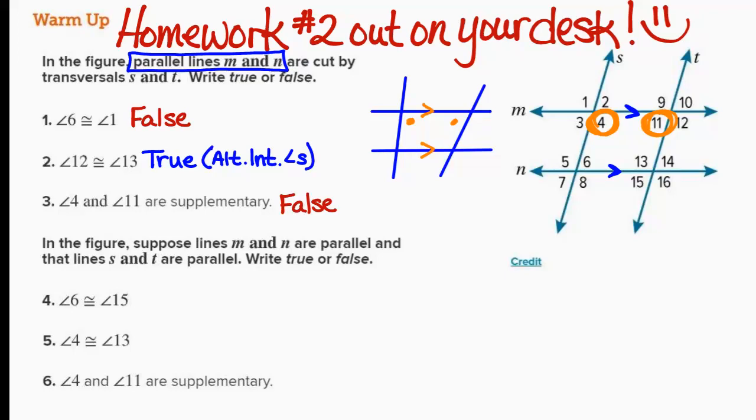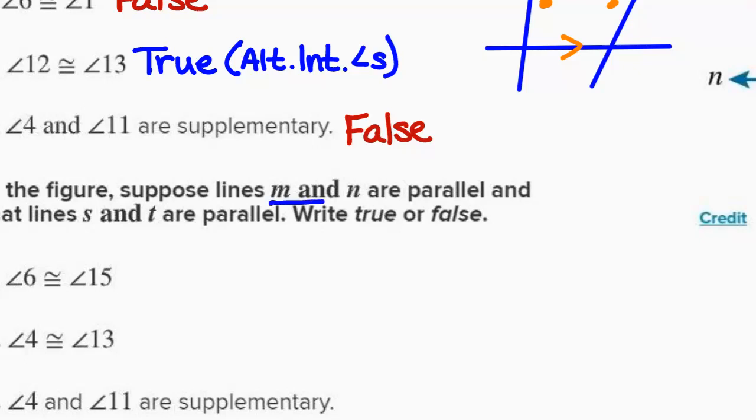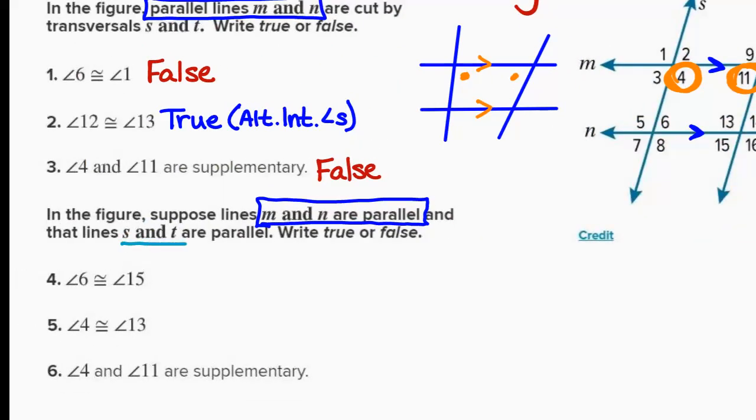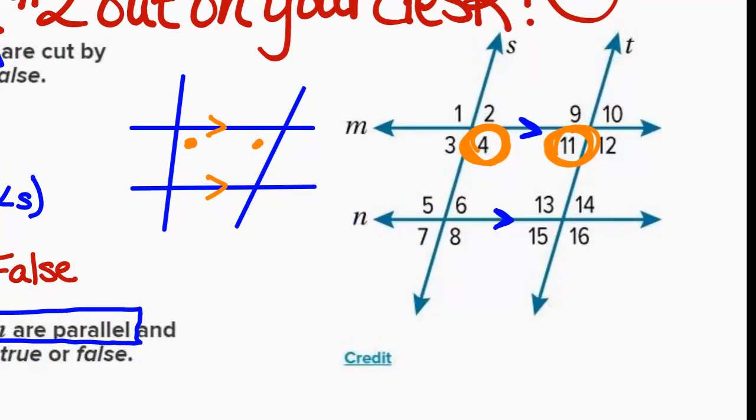All right, down to number 4. We still know that lines M and N are parallel, but now we're also adding to it that S and T are parallel to each other. So now I know that these guys are parallel.